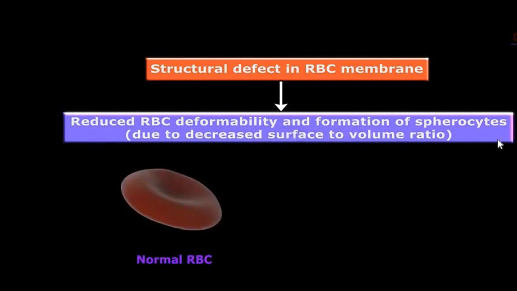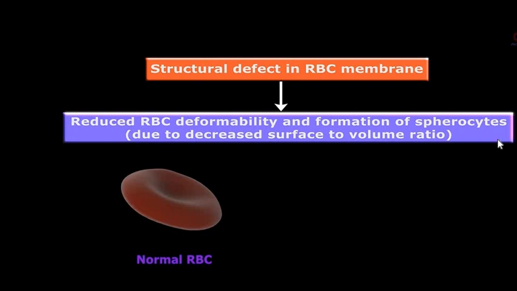This is an important point, how the spherocytes are formed. As the cells are exposed to shearing stress, some fragments of RBCs are lost, and this leads to a decrease in the cell surface area as compared to cell volume.